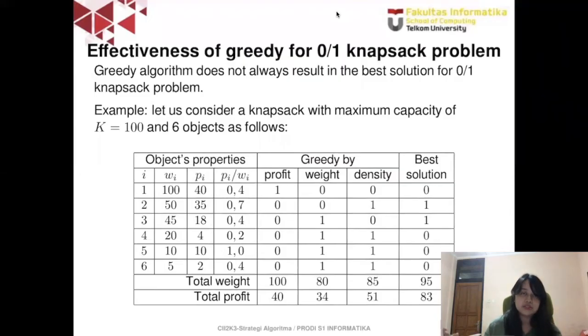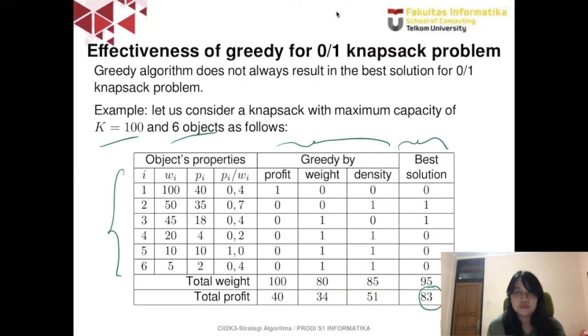For example, if we have a knapsack with maximum capacity of 100 and 6 objects with these properties, we can have these solutions by greedy, but if we use exhaustive search, we can have this best solution, which has a larger total profit. So obviously greedy here does not give us the best solution.